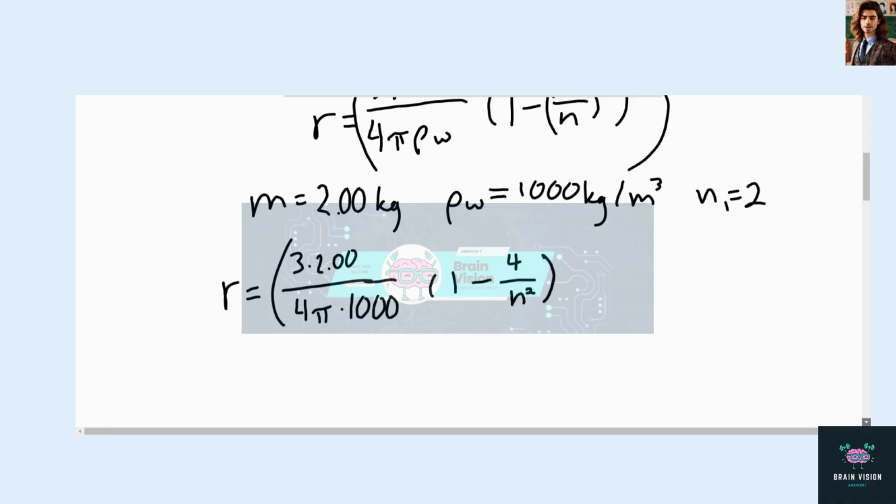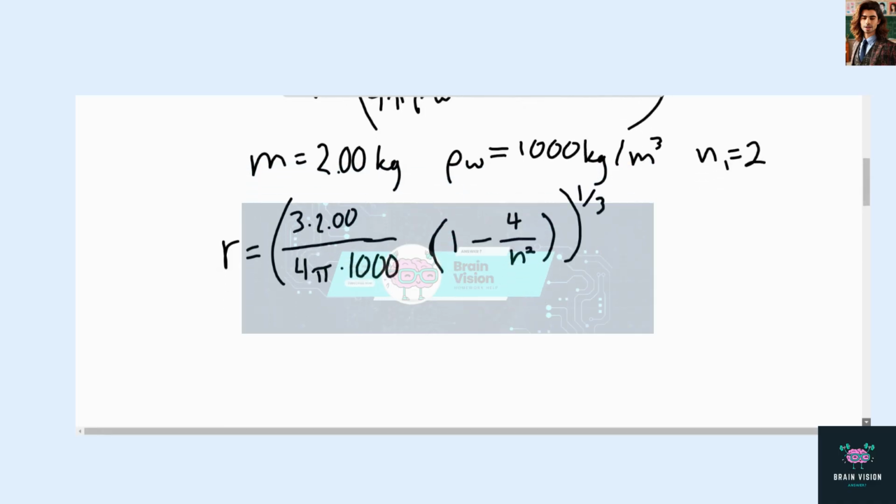And then we'll close that parentheses. And then another parentheses here, which gives us the third root. Then if we simplify that first term out to the front, the fraction, the 3 times 2 over 4 pi times 1,000, that's also taken to the 1/3 power. So we can simplify that part.